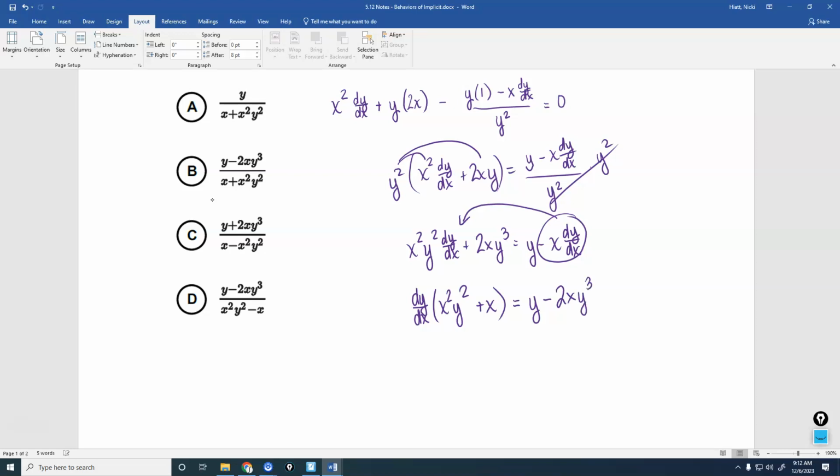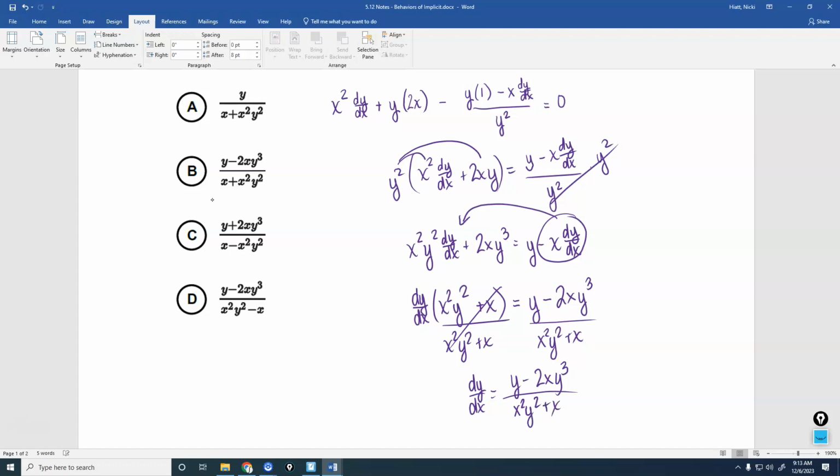Then you just have to divide. So dy/dx is y minus 2xy cubed over x squared y squared plus x.